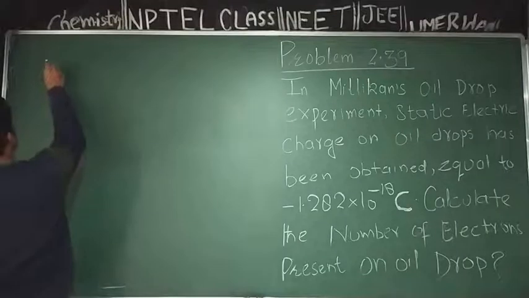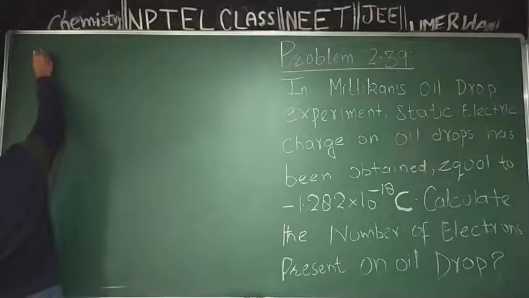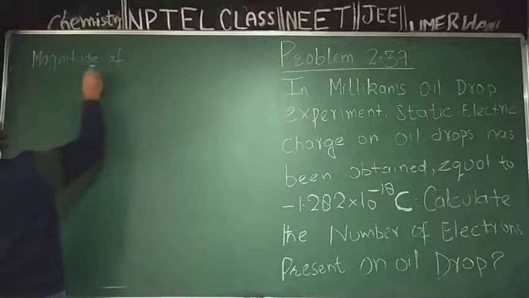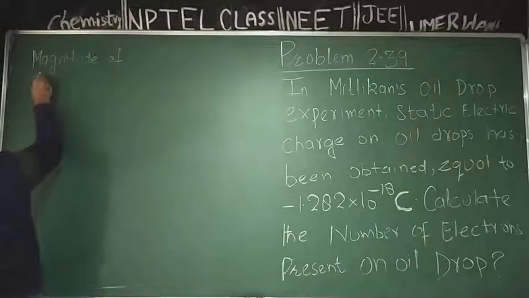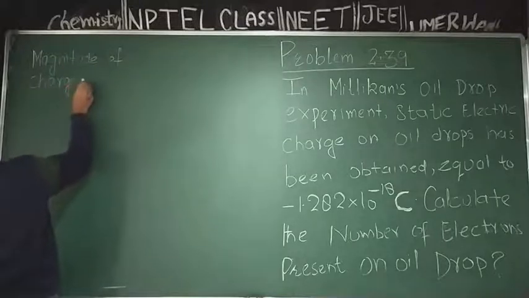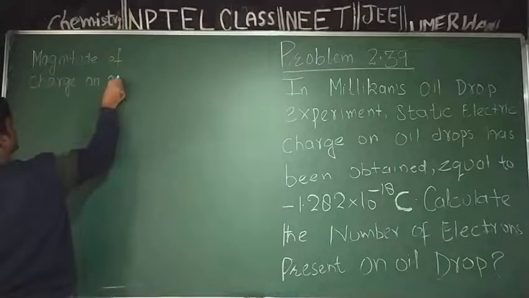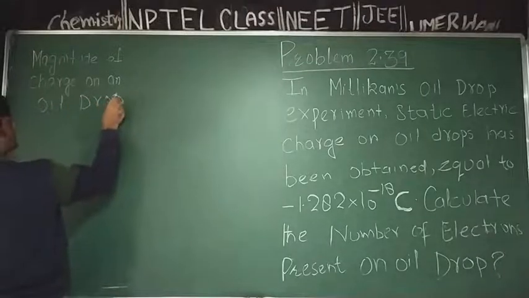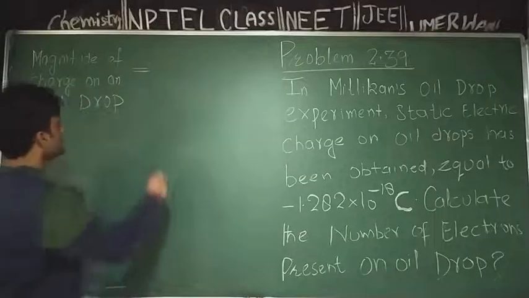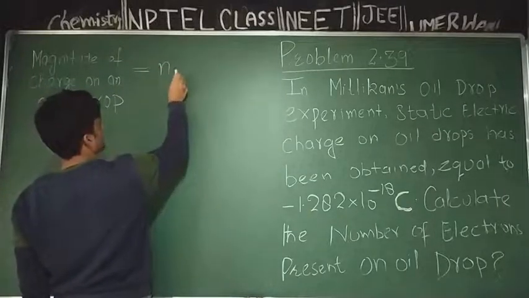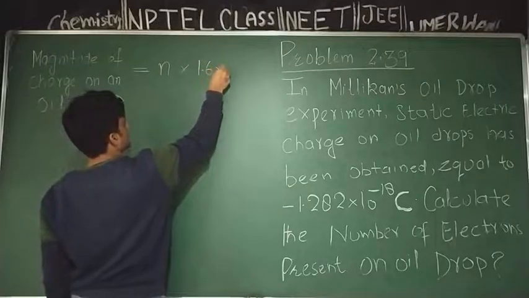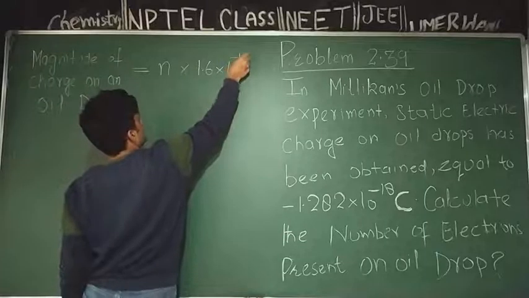And during his experiment, he found that the magnitude of charge on an oil drop is equal to an integral multiple, that is small n, of some fixed value of charge, and the fixed value he found equal to 1.6 into 10 to the power minus 19 coulombs.